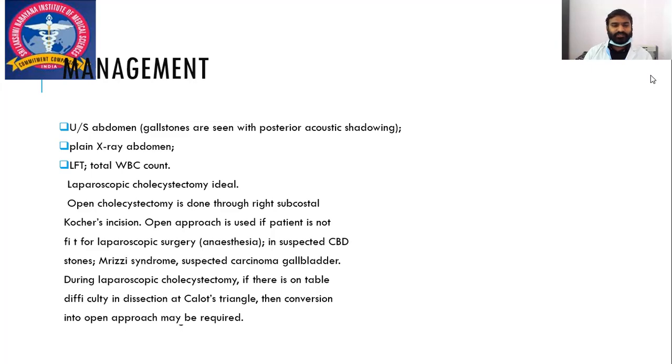And sometimes we can see the gallstones on plain X-ray abdomen, erect abdomen, and LFT should be done, in which we'll see total bilirubin, direct bilirubin, everything, which shows any obstruction or obstructive jaundice symptoms when the patient is having jaundice also, and total WBC count to know whether there is an infected focus, or to differentiate acute cholecystitis.